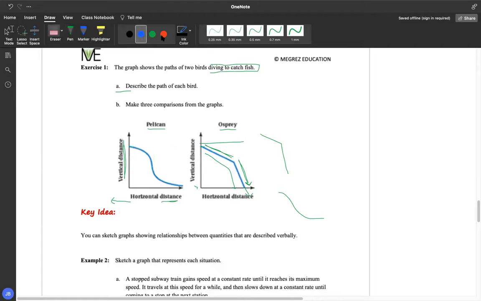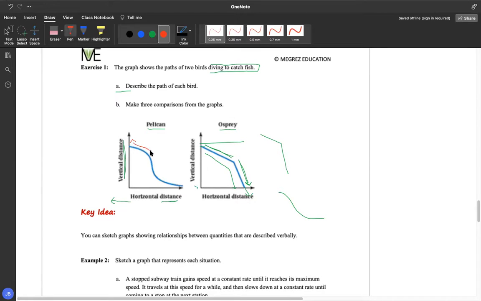And so what this is saying is that as we're going this way, over a certain distance, the bird's starting off in the air. If we have a little bird here, it's flying, and it's kind of hungry, so it wants some fish. So it's just barely flying along this line.